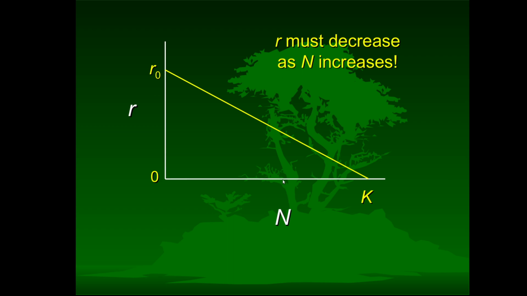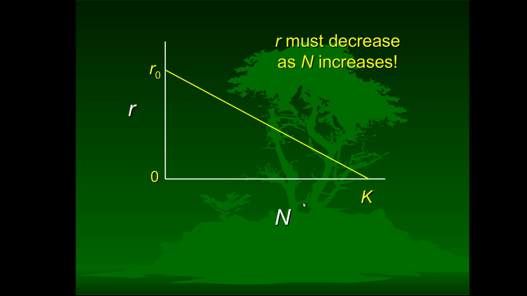So let's assume that little r, right here on the y-axis, decreases linearly along a straight line as n increases. So little r is the birth rate minus the death rate. So this must mean either the birth rate goes down or the death rate goes up with increasing n. So here's a plot of little r, the per capita growth rate, against n.